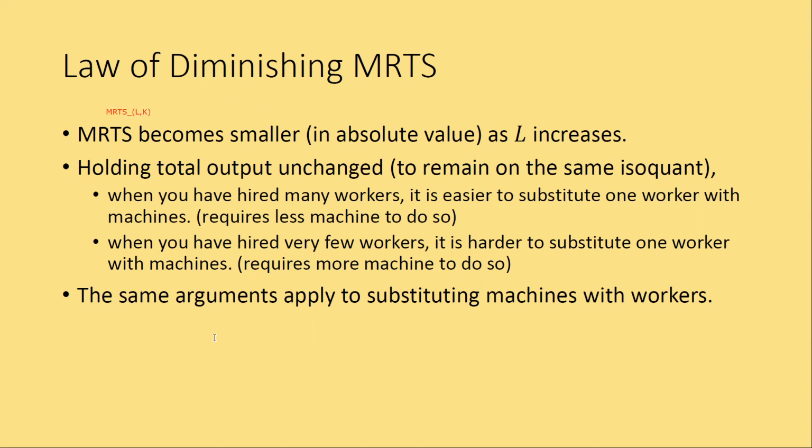So if we were to apply the same arguments, we are actually looking at the MRTS of K comma L when K comes first. And this expression is also going to be different. It is going to be the negative of MPK divided by MPL. So this becomes smaller in absolute value when K becomes larger, all right?